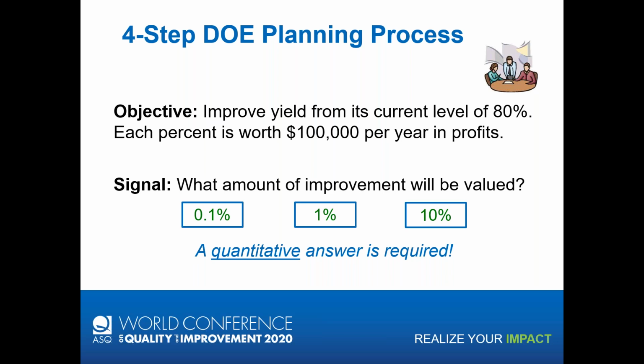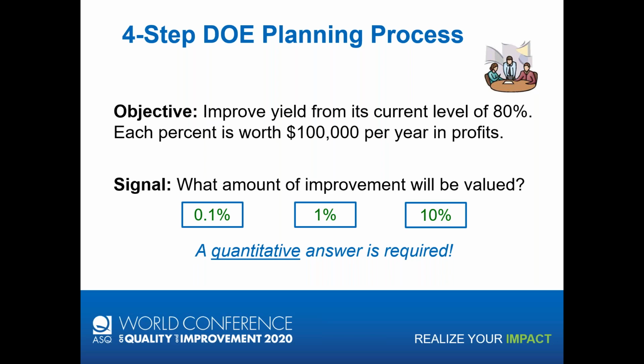Because quite frankly, if you ask any manager how much of an increase in yield they want to detect, the manager is going to say, well, any improvement in yield is going to be important. If we were trying to detect any improvement, that could be a very, very small number, and that's going to take a lot of runs.